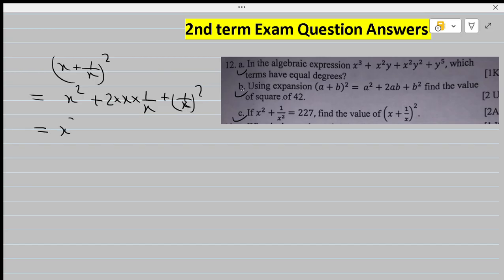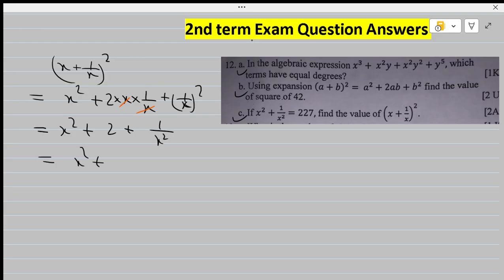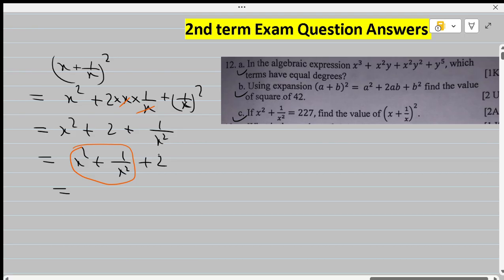So x squared is the same, and then this x you can cancel in both numerator and denominator, then 2 into 1, you get 2, and 1 squared is 1 and x squared is the same. And now let's keep these two terms x squared and 1 by x squared together, and keep 2 separate, and the value of this expression x squared plus 1 by x squared was already given. That is given as 227. 227 plus 2, so 229.